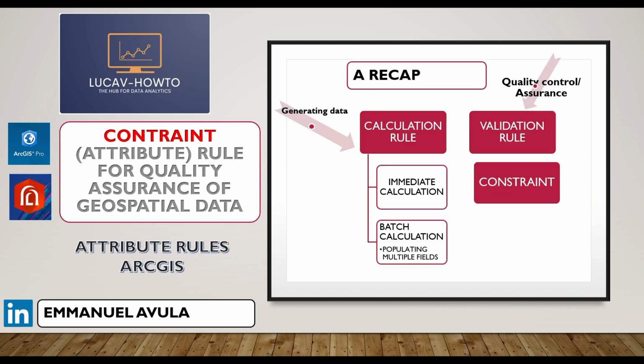Let's give a brief recap of our previous videos on attribute rule. So, the calculation rule have two types: the immediate calculation and batch calculation rules, which are more tilted towards generating data, while validation and constraint rule are geared towards ensuring quality control and quality assurance of our data.